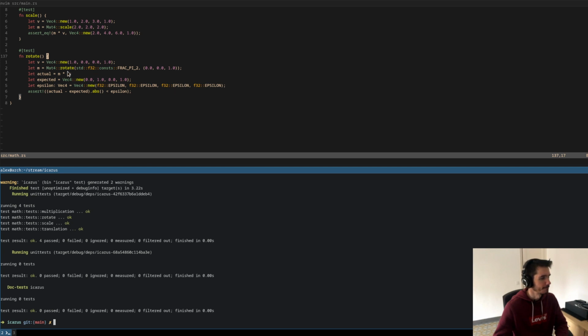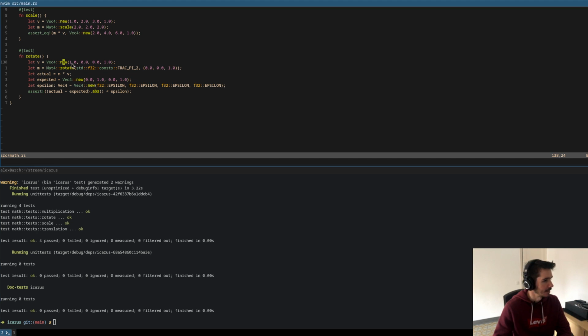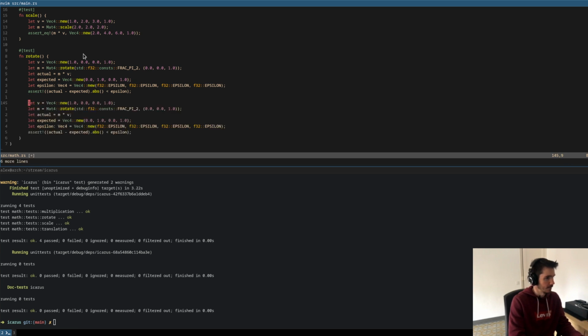Cool. So this is a very simple rotation, but let me see if I can come up with a new example. So if I have the same vector, but I rotate by pi, then instead of having y, we have a vector looking at the x direction.